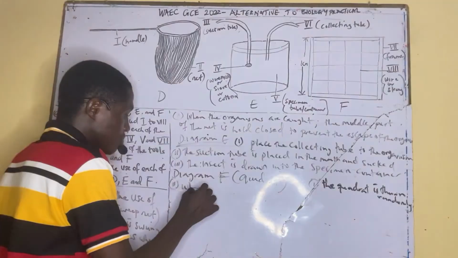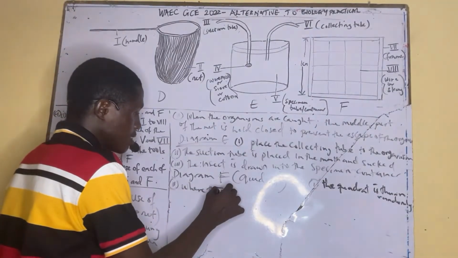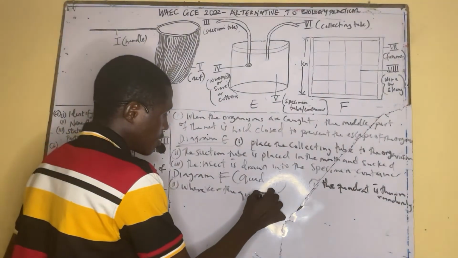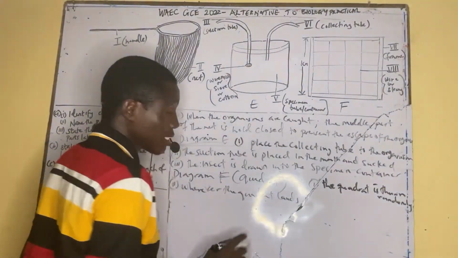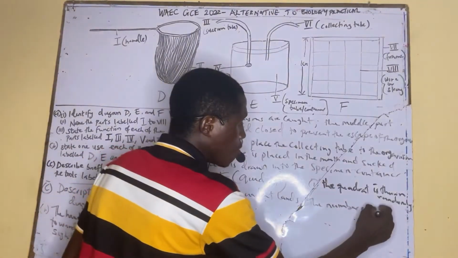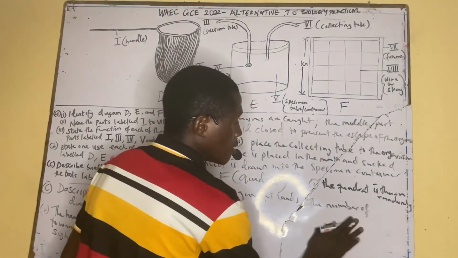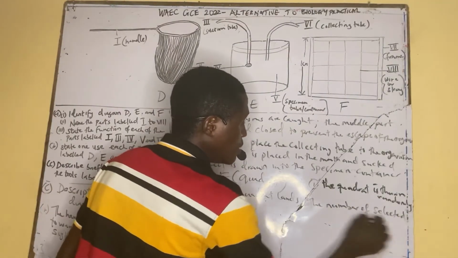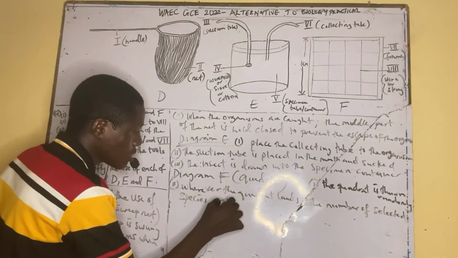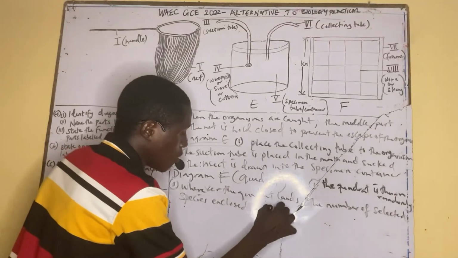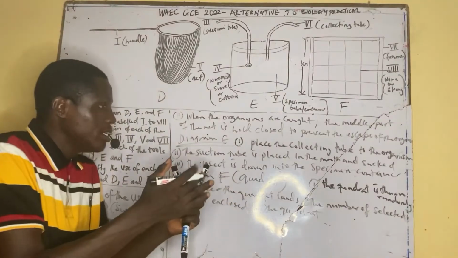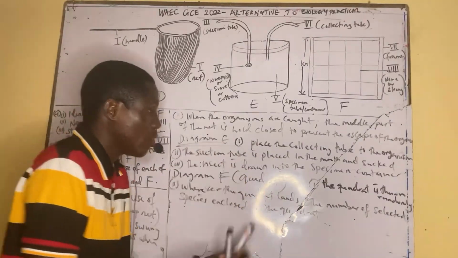Wherever the quadrant lands, the number of the selected species enclosed by the quadrant is counted.